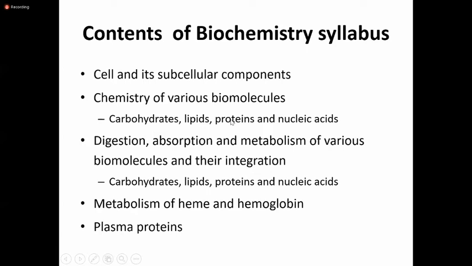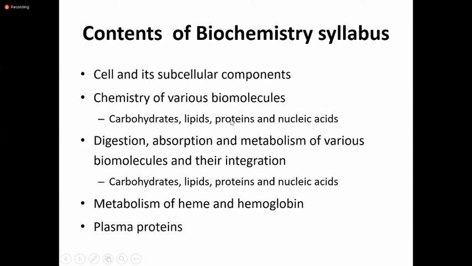If you are aware of a few biochemical pathways like glycolysis or the Krebs cycle, I'm sure all of you are very well aware of the glycolytic pathway, where one molecule of glucose is broken down to produce pyruvate.